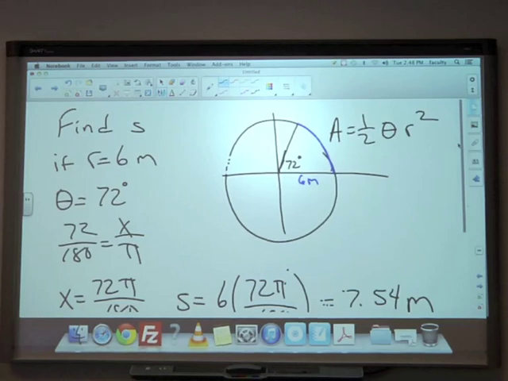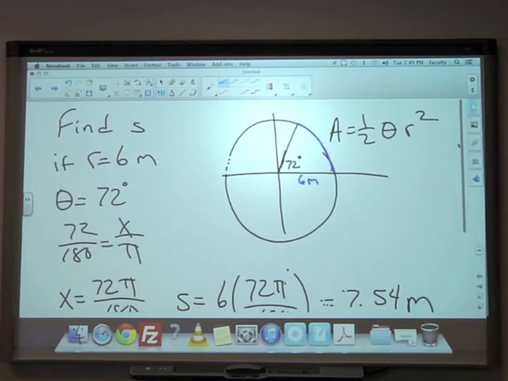So when you're converting into radians, is it always going to be over 180? Right. Wait, so you can't do 2 pi over 5? You could, if you simplify it. Like I said, I don't really care about simplifying.